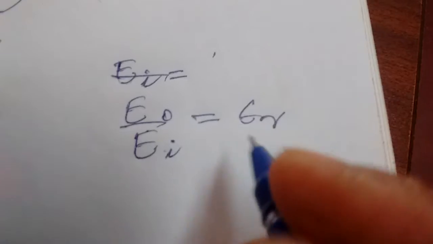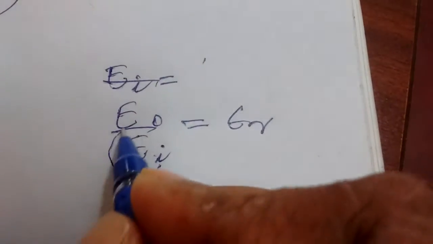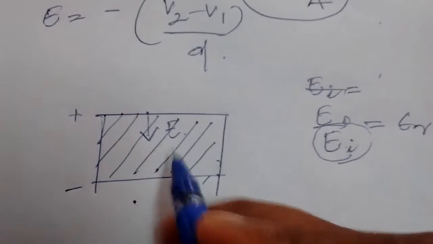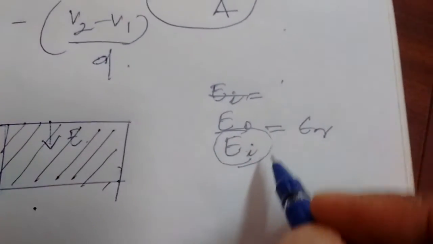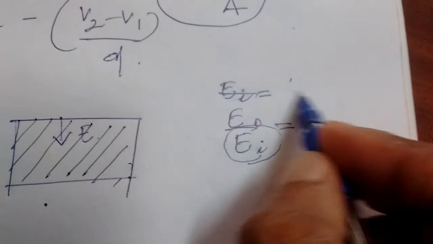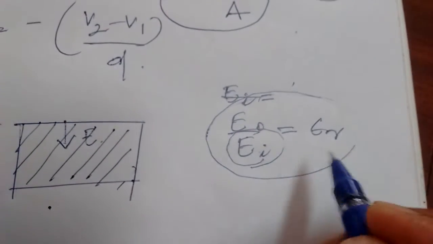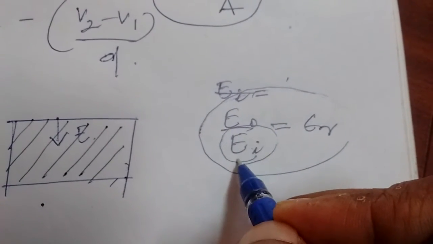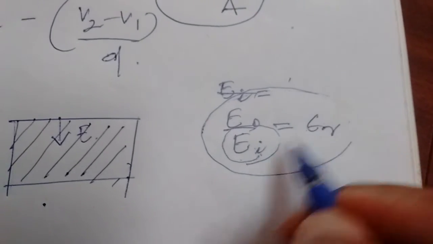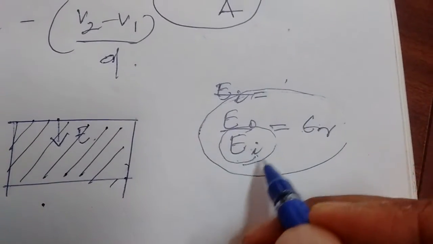There is a little bit of mistake. I have denoted this EI to be the net electric field inside the dielectric. We already know that the formula for epsilon r or dielectric constant is E naught by E net is equal to epsilon r. Here for E net I have written EI.